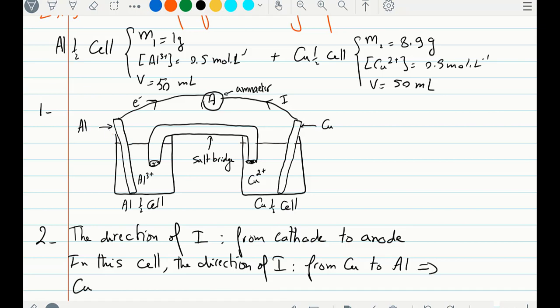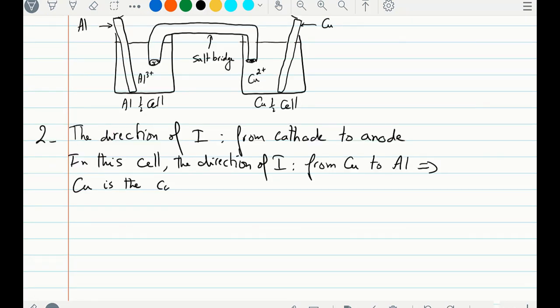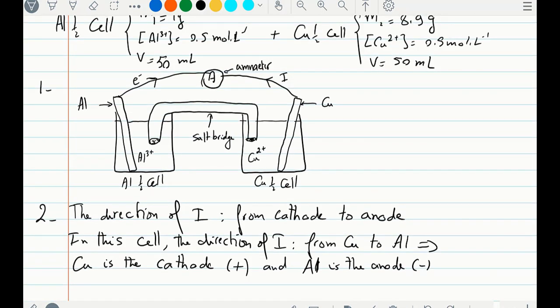Therefore, Cu is the cathode, which is the positive pole, and Al is the anode, which is the negative pole. On the schema, we have Al is the anode, which is the negative pole. Cu is the cathode, which is the positive pole.